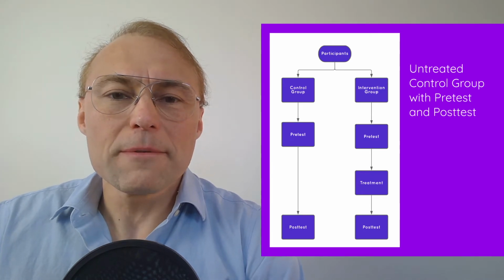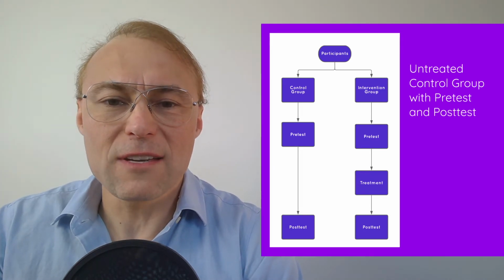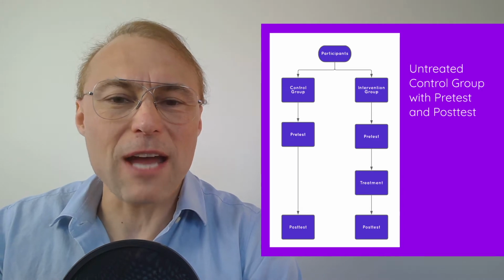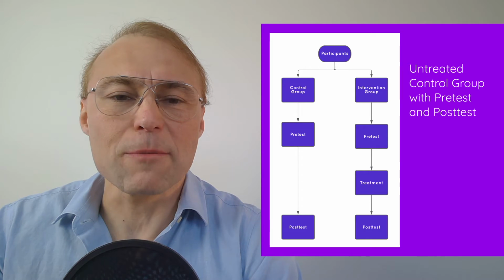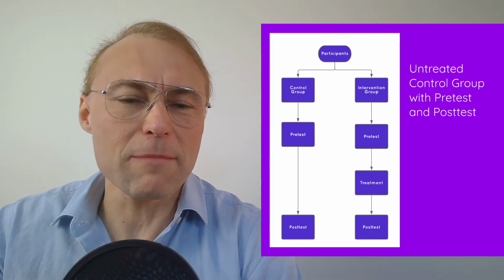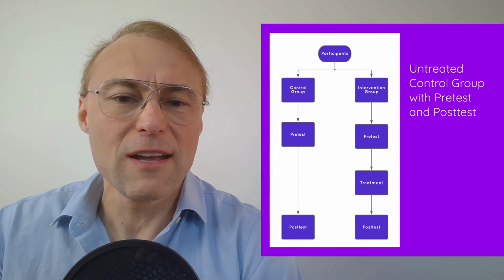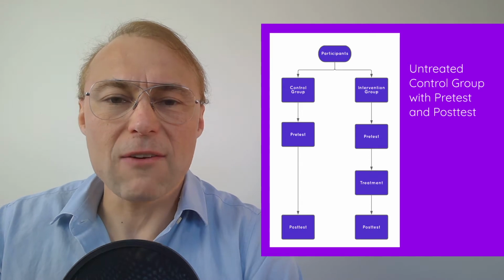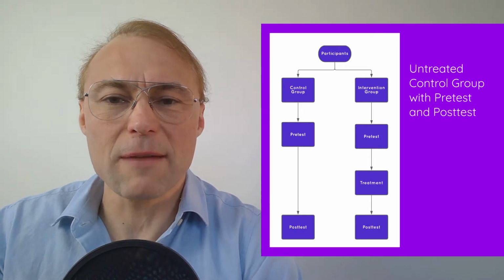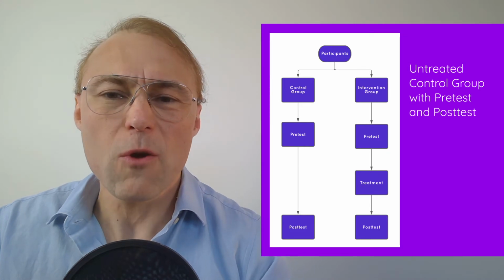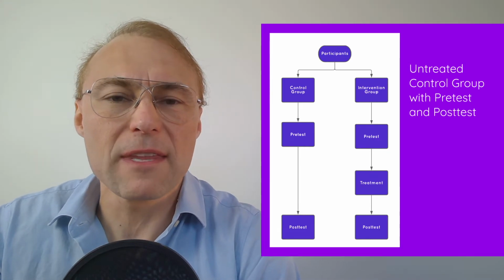There's a control group. The control group gets a pretest, and then after some time they get a posttest. Now the intervention group, on the other hand, gets the pretest, and then they get the treatment, the educational intervention, and then they get their posttest. Now ideally we like to do this at the same time, or relatively the same time, so the pretest and the posttest are relatively around the same time.